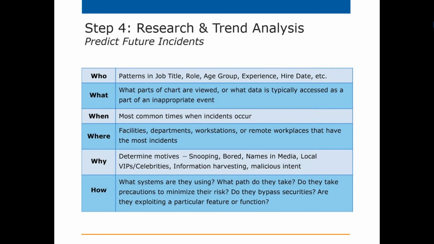If every time a user is snooping on a patient, they are looking at, let's say, historical patient summaries, so summaries from previous visits, then I'm going to know as an auditor that I need to keep an extra eye out for those summaries of previous visits, because that is a behavior of an individual who is snooping on old records. So visit histories might be something that I audit for.